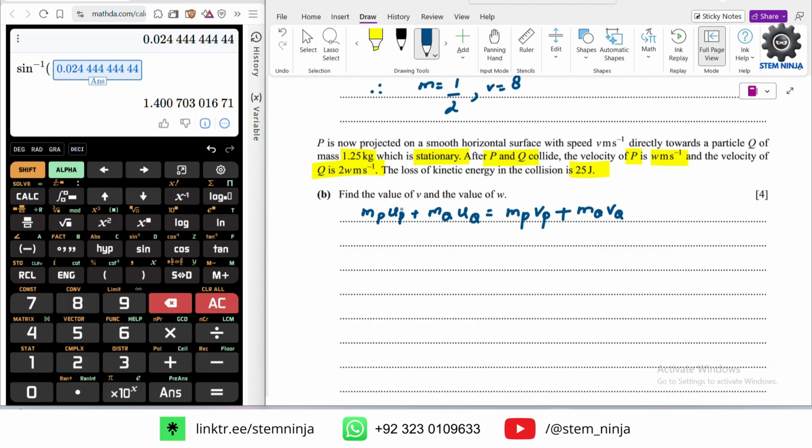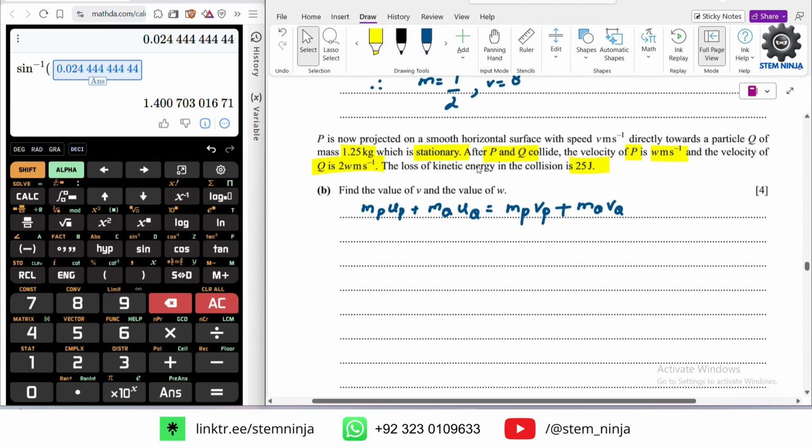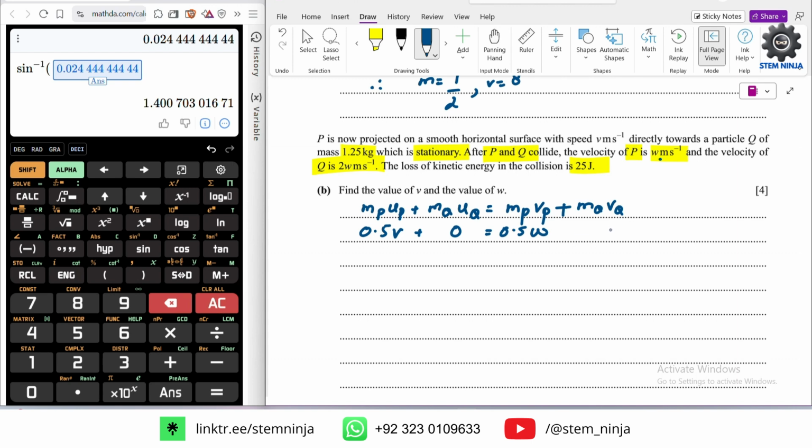Alright, so P was mass 1 over 2, 0.5. Speed was V. MQ was stationary. Now 0.5 is velocity W, and this 1.25 is 2W.